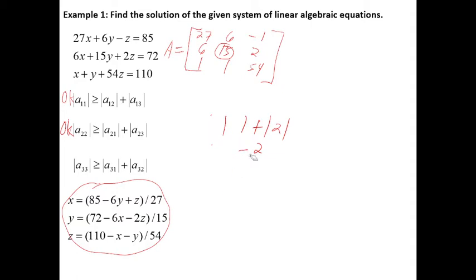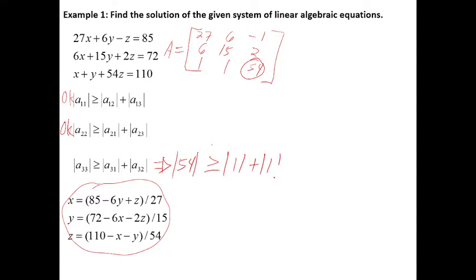And then, we proceed. So, we consider 54. Absolute value greater than or equal to absolute value A31, that is 1, plus A32, that is 1. So 54 greater than or equal to 1 plus 1.